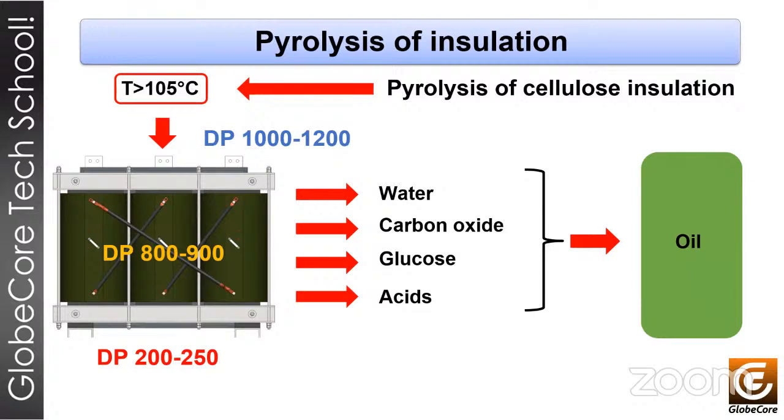But as a result of a really high number of influences inside the transformer, like chemical and electrical attacks on the paper, insulation aging is produced inside the transformer and thus deteriorates the properties of the paper.